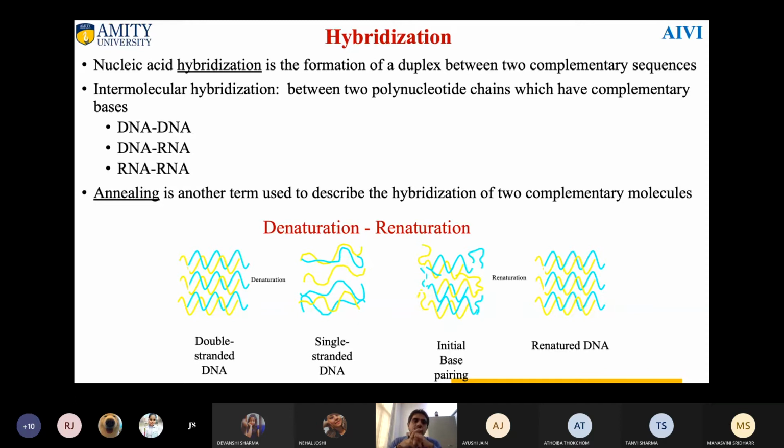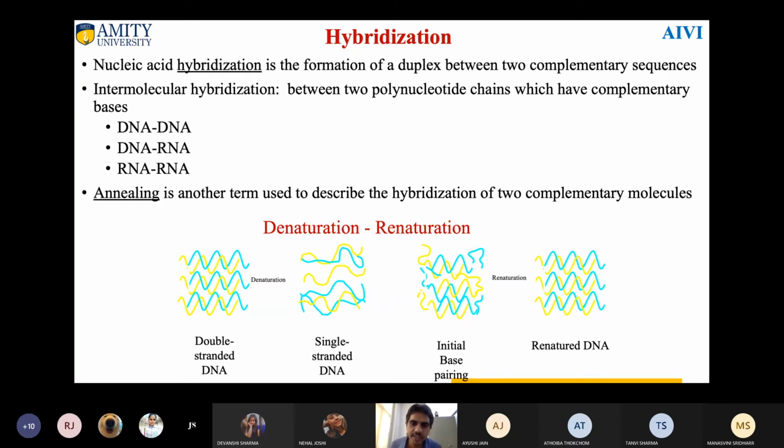In the case of our DNA, the term hybridization means complementary base pairing of two polynucleotide chains. Or simply you can call it the formation of a duplex between two complementary DNA sequences. We are going to call it hybridization.